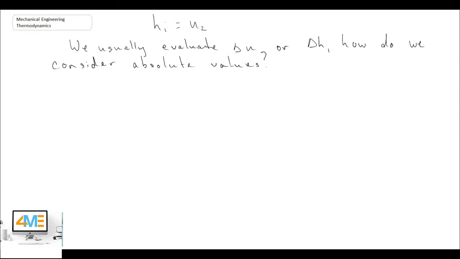Well, in order to do this, we're going to look back at when we talked about the definitions for how to calculate either internal energy or enthalpy from the specific heats. And remember, for ideal gases, we said the equations were as follows.